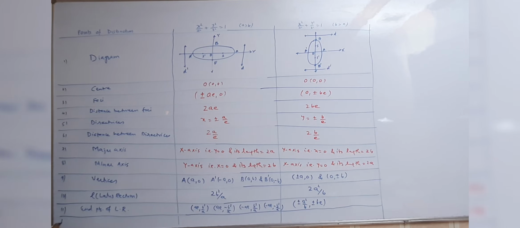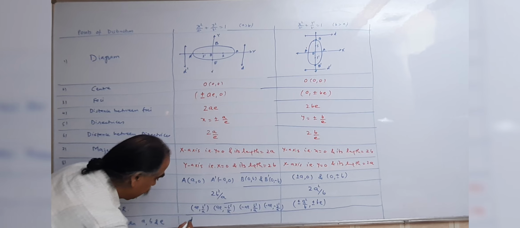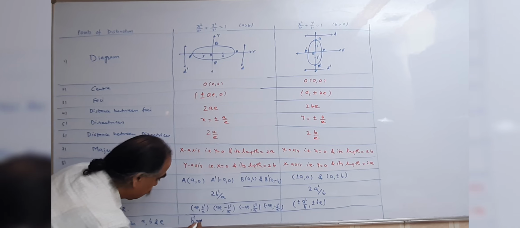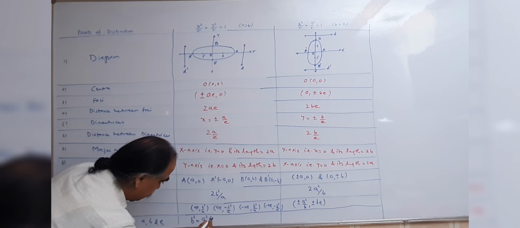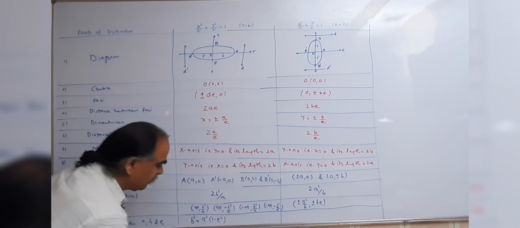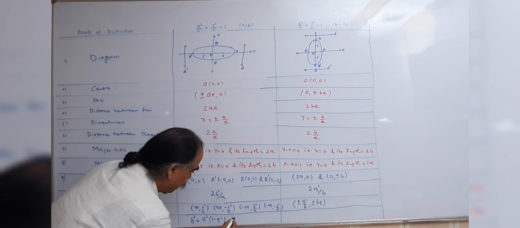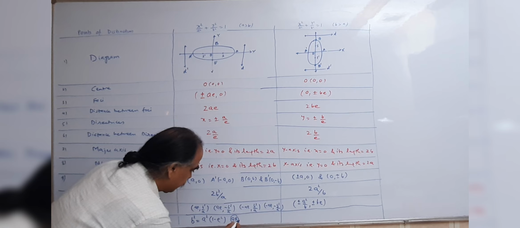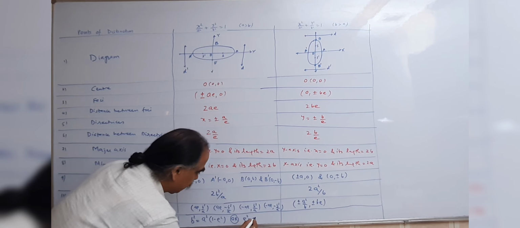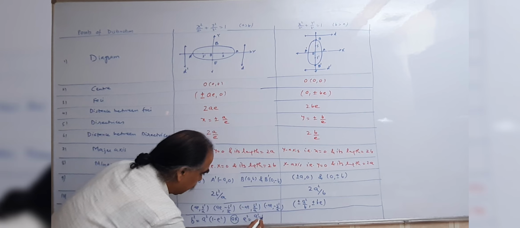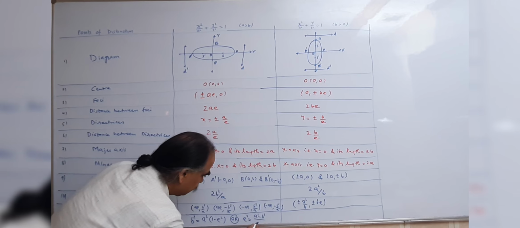Then point number 12 is a relation between a and b. b square is what? b square is a square into bracket 1 minus e square, or the same thing can be written as e square is a square minus b square upon a square.